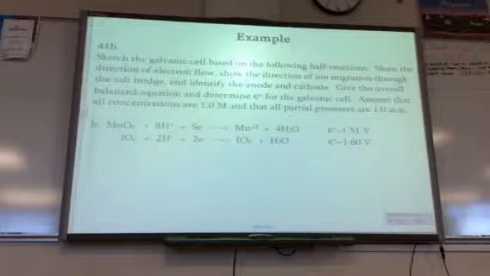I wrote down the question. You have to flip the oxidization.